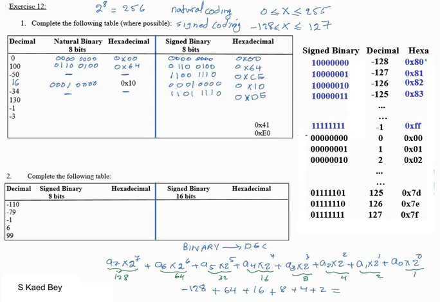This equals minus 34. Simply, in this case, you have to put 1 at A7, 1 at A6, and 0 at 32, 1 at 16, 1 at 8, 1 at 4, 1 at 2, and 0 at A0. So in this case, you end up with the same result.